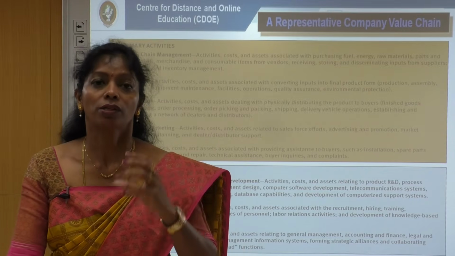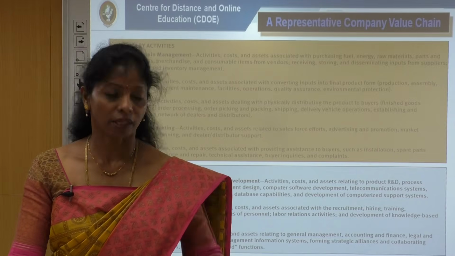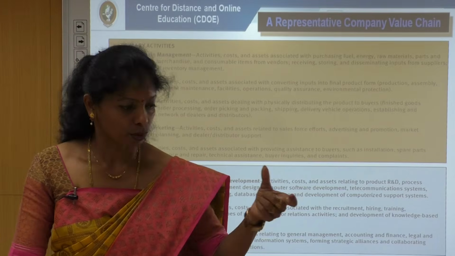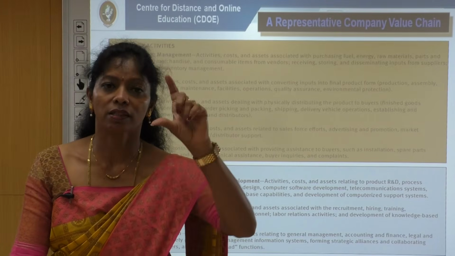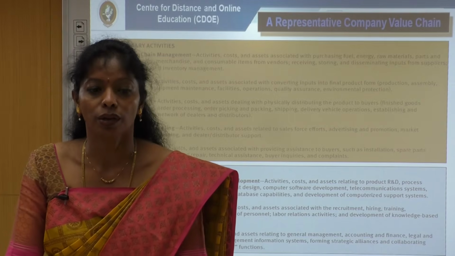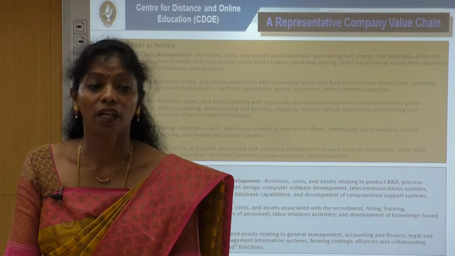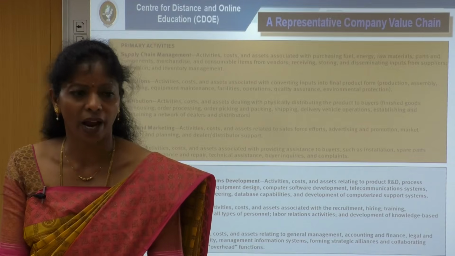They are machines, so the instructions have to be properly fed to the machines, and the equipment designed, with the proper fitting tools put in so that you get that particular shape and size of the product or the die you are looking for. So computer software development, telecommunication systems, computer aided design, all these are the supporting activities.